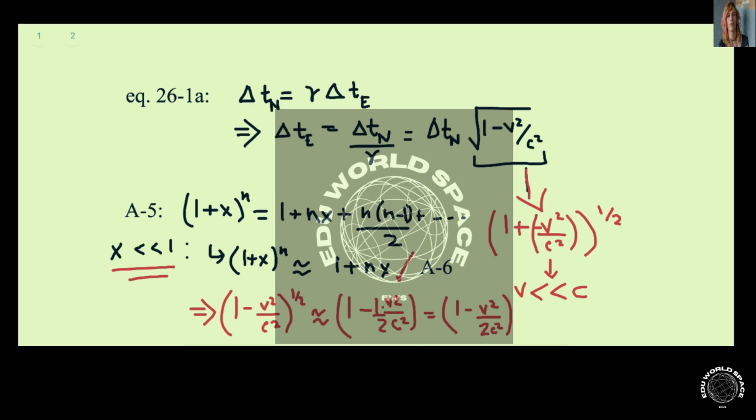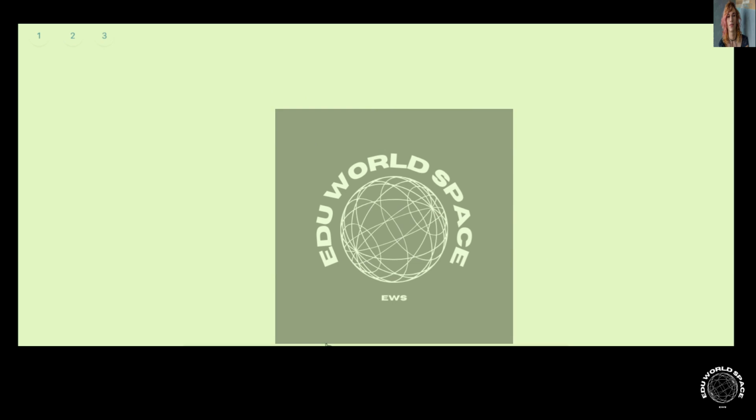What we want now is the difference in the reading on the two clocks. So this would just be the rest frame time, which is delta Tn, because remember the North Pole reference frame is the rest frame, minus delta Te, right?